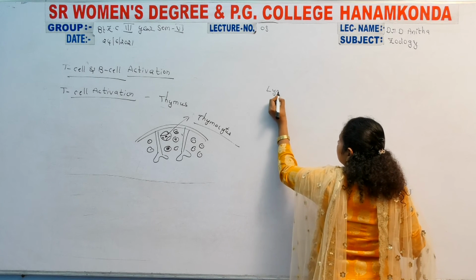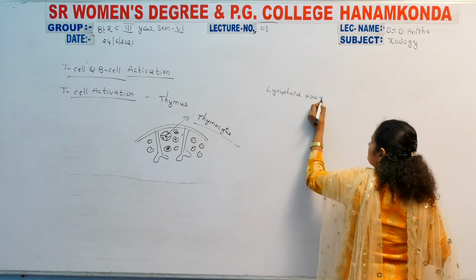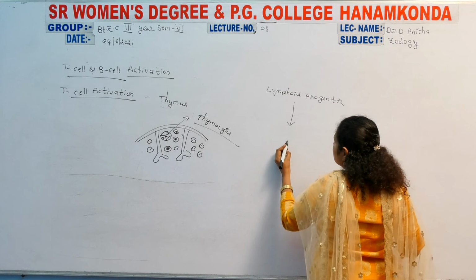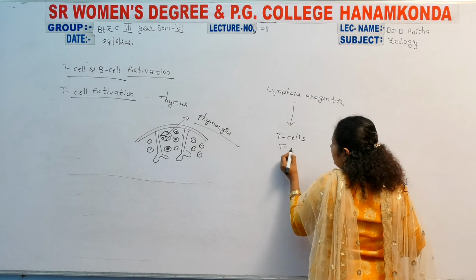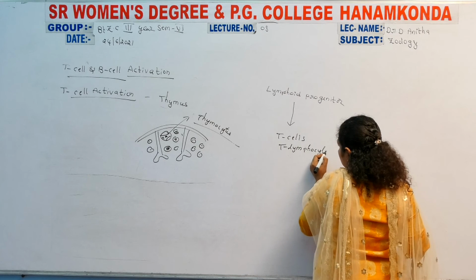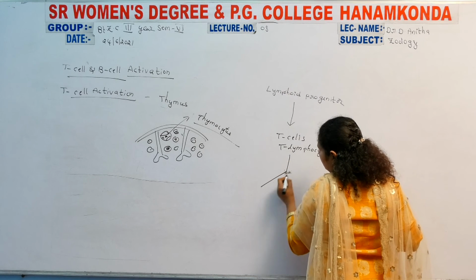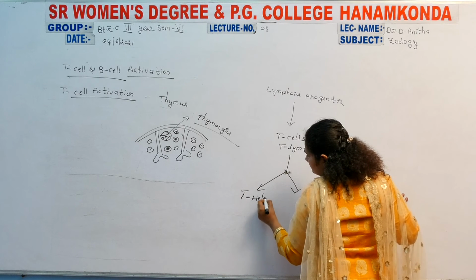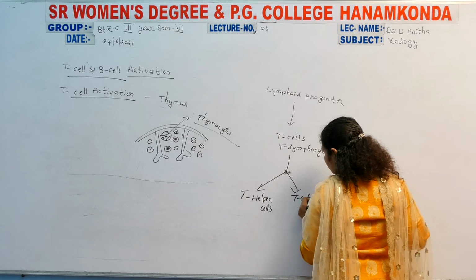The lymphoid progenitor is the precursor cell for the formation of T cells, or T lymphocytes, finally. These are further differentiated mainly into T helper cells and T cytotoxic cells.